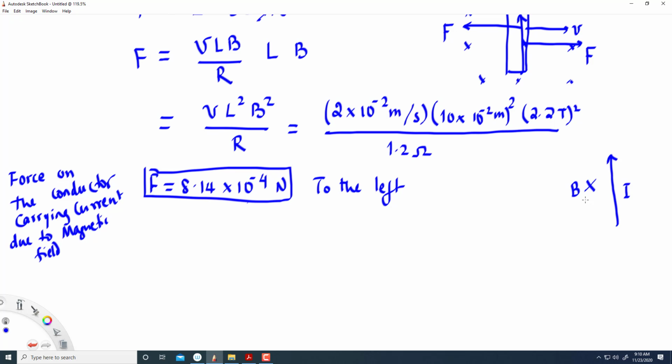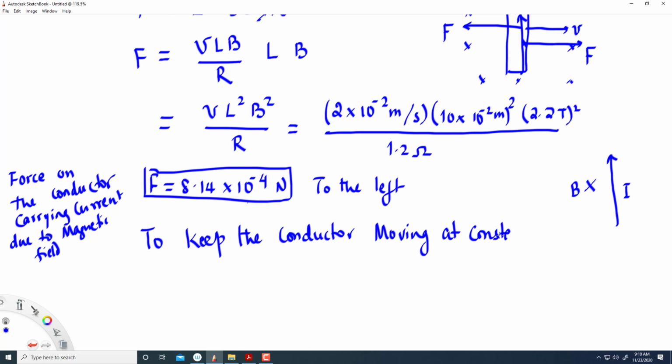Now, to keep the conductor moving at constant speed, you need to cancel that force, which you can do by applying the same force in the opposite direction.